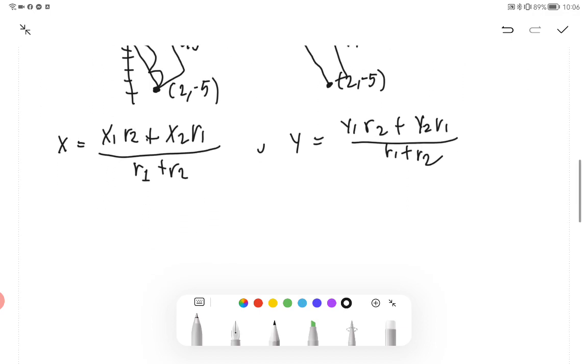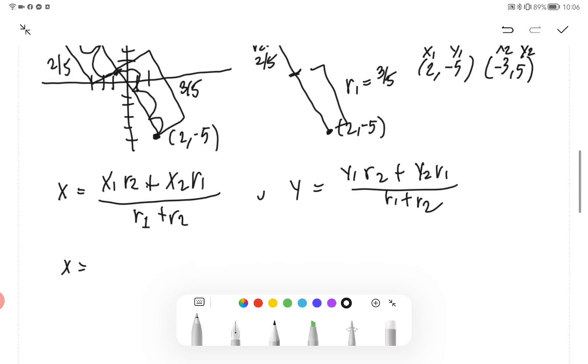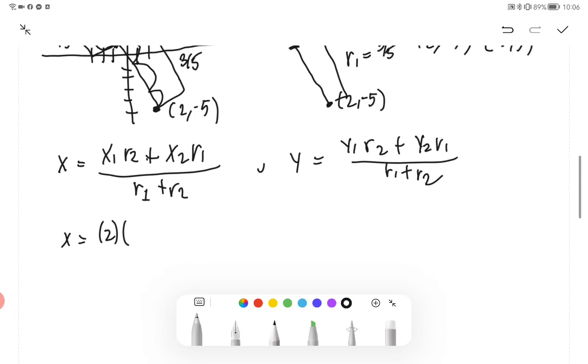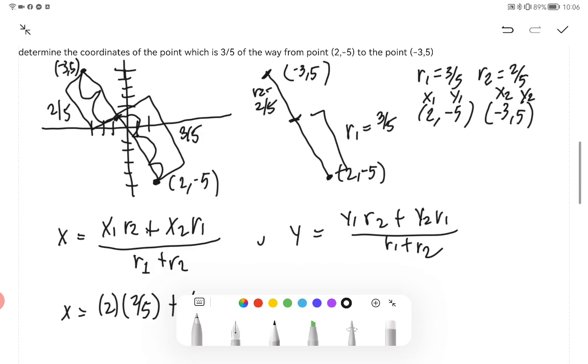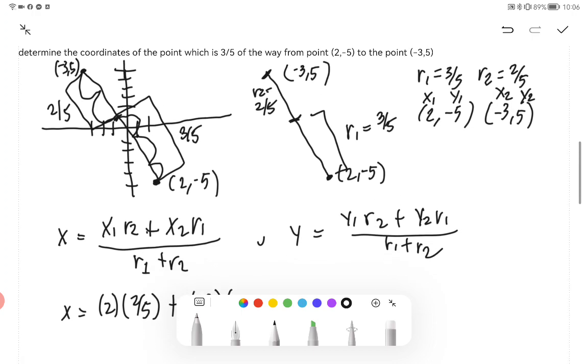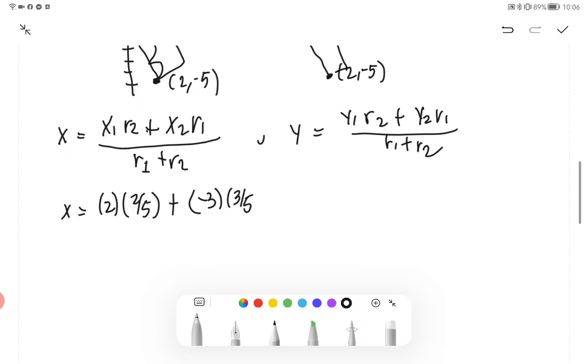So, let's plug in our given. We have here x is equal to x sub 1, which is equal to 2, times r sub 2, which is equal to 2/5, plus our x sub 2, which is equal to -3, multiplied by our r sub 1, which is equal to 3/5, all over 2/5 plus 3/5.